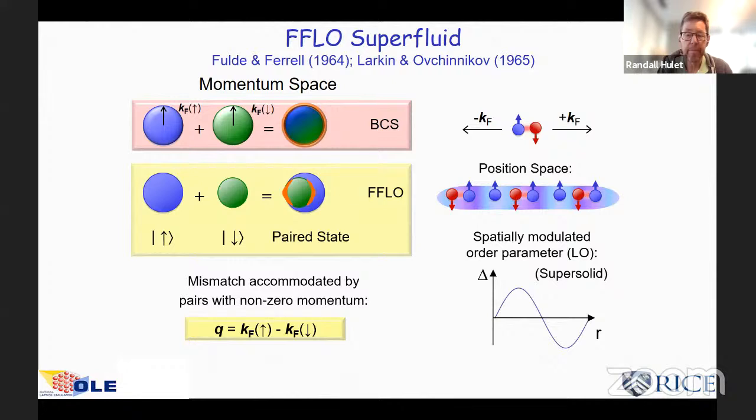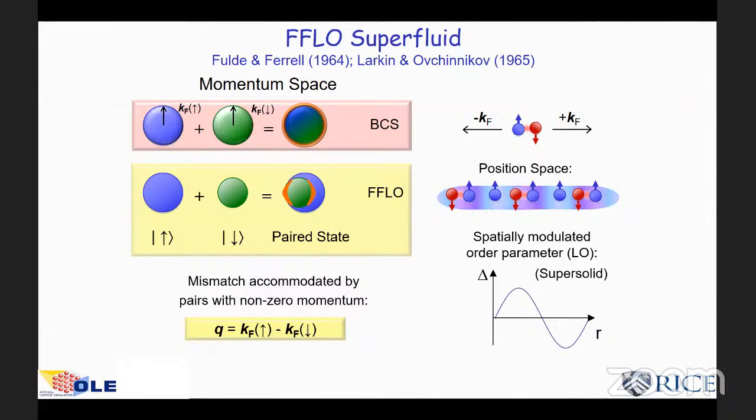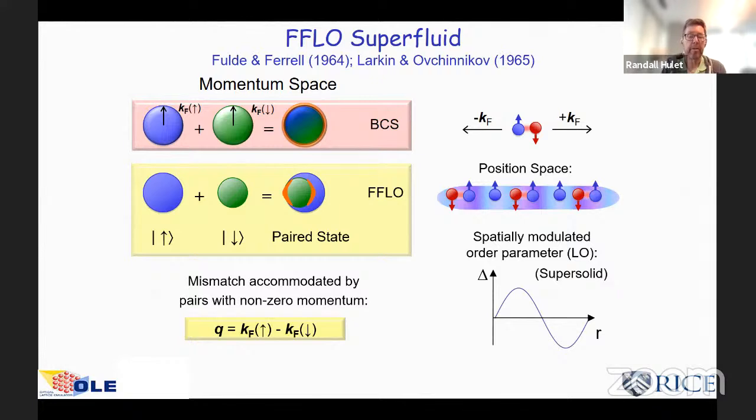Thank you. And also, is the q direction, this vector q that you defined, determined spontaneously? And what physical parameters actually determine its magnitude? Yeah, so that's a great question. The magnitude is determined just by the imbalance. So it's really a function of the Fermi energies of the two spins and the imbalance between them.